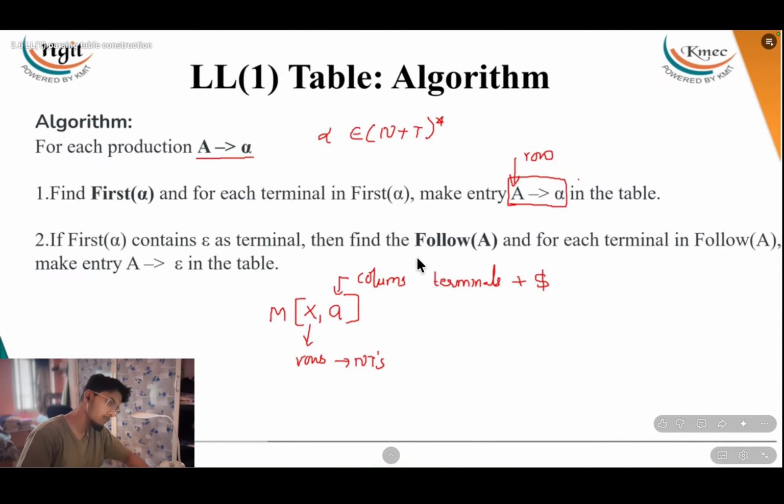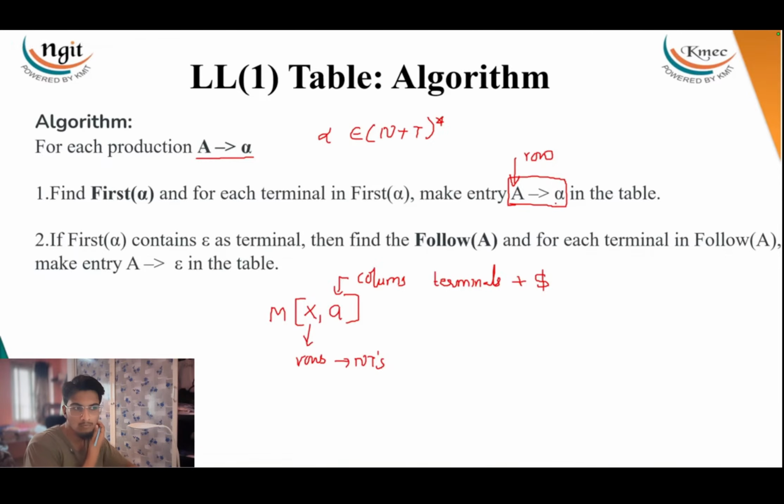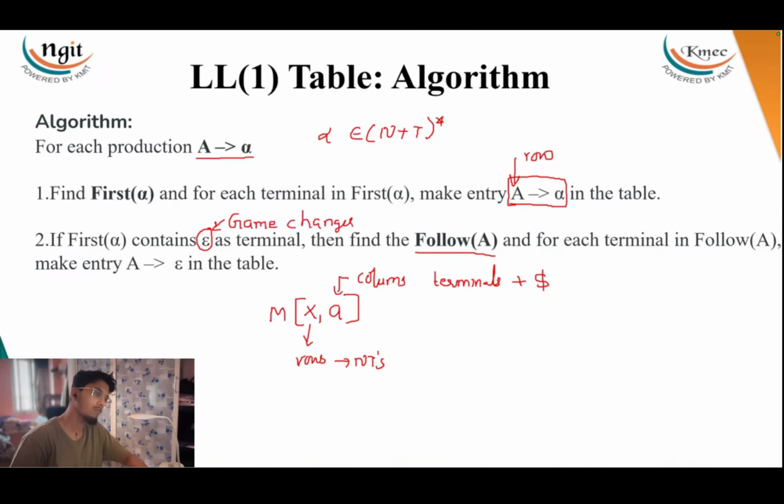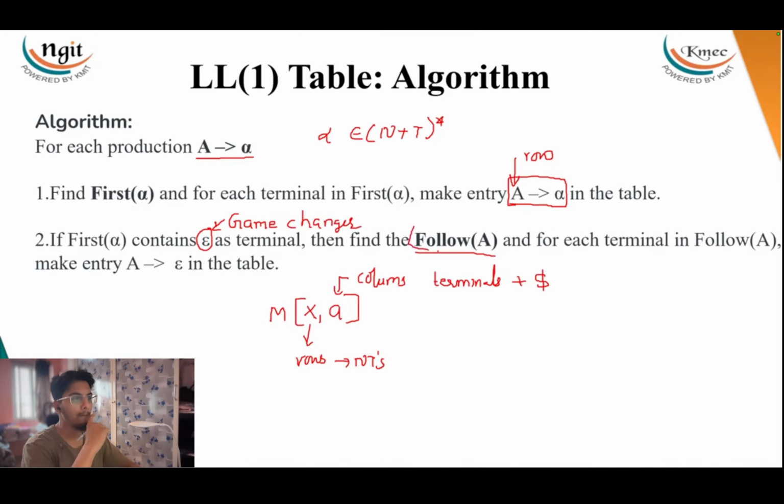But for the column we need the right hand side. Sometimes it may require even the left hand side, where we are having the follow, right? And of course the epsilon is a game changer here. So whenever you have an epsilon, then the problem comes. What is that? Follow. If there is no epsilon, no need to find the follow to construct the LL1.